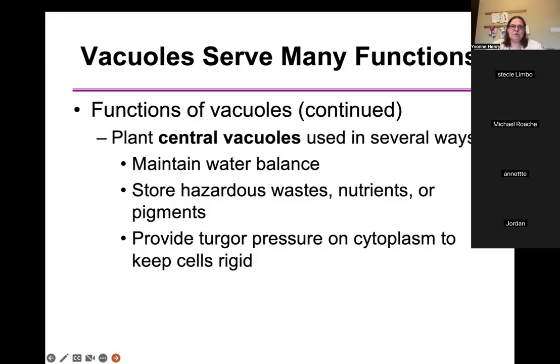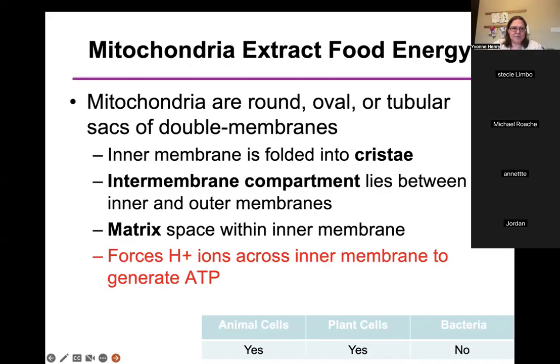So these are used to keep the shape of the cell to help keep it square and rectangular, to store hazardous wastes, and to also be extra fluid for the cytoplasm to keep its turgor pressure high and in the right balance. Okay. So it's used to just store water that the plant could need. Because if a plant doesn't have water stored in its individual cells, it's not going to photosynthesize very well, right? So we have contractile vacuoles. Plants have central vacuoles.